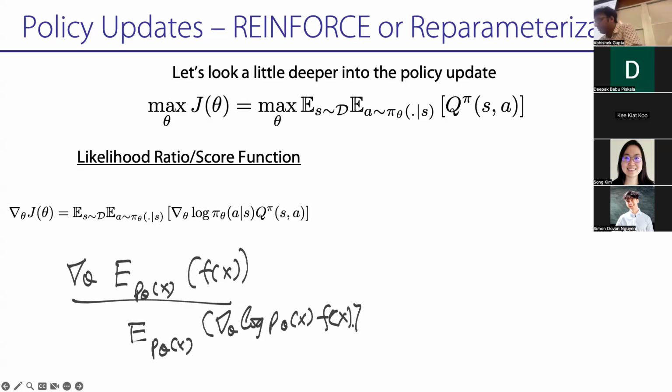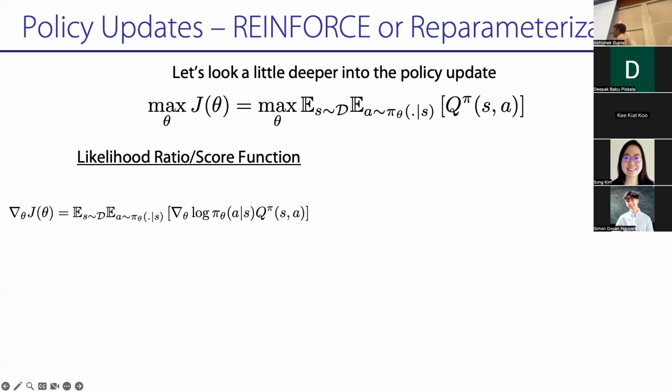So the first type of thing, which you'd call the likelihood ratio or the score function estimator, is to say that once I have a Q function, I'm just going to do policy gradient, but I'm going to replace my sum of rewards with my Q function. It's plain, right? I'm going to sample states from my data set. I'm going to sample actions from my policy. I'm going to increase the likelihood of things according to my Q function.